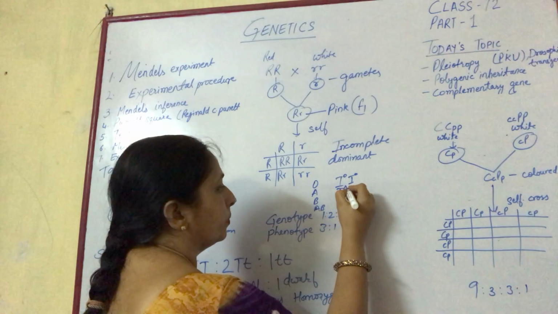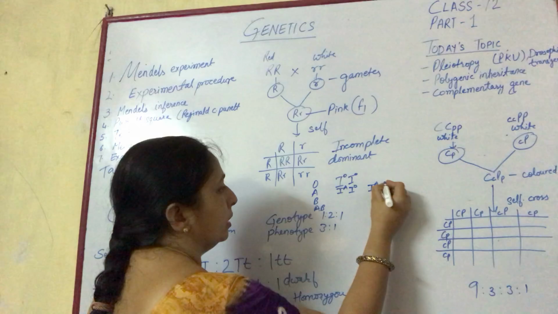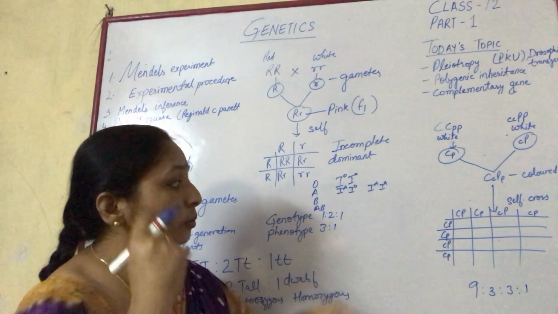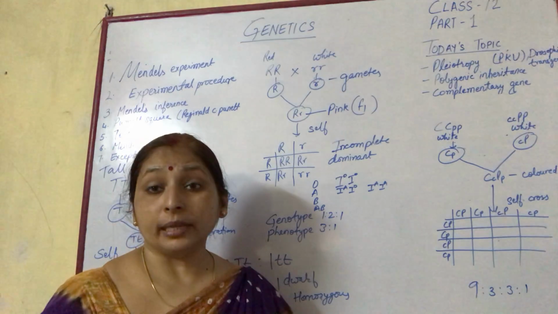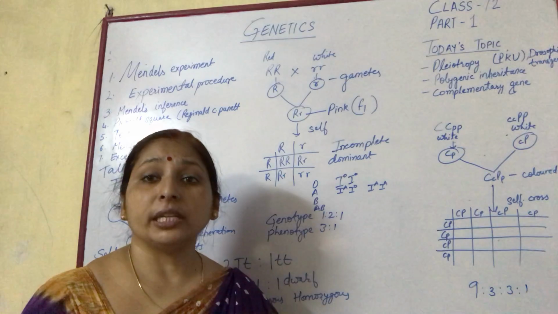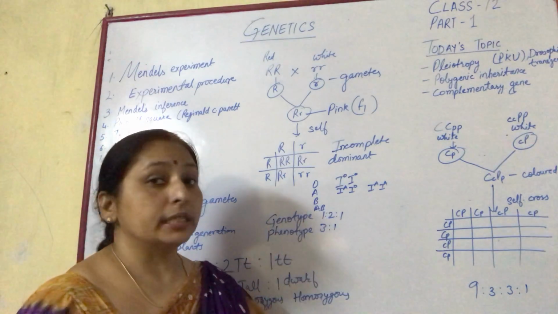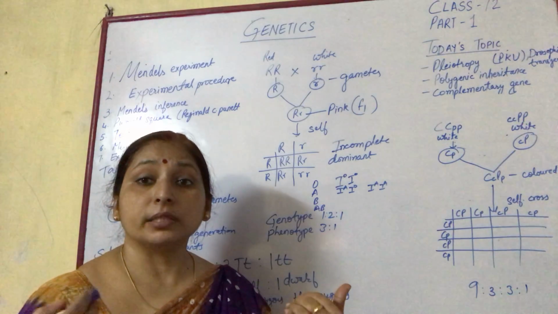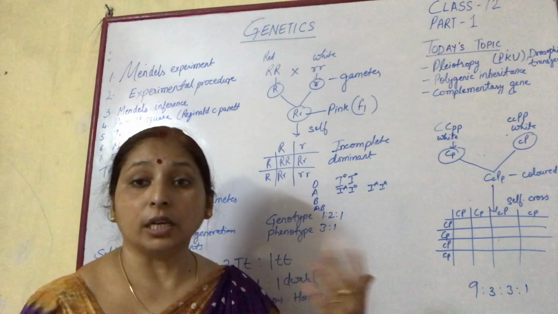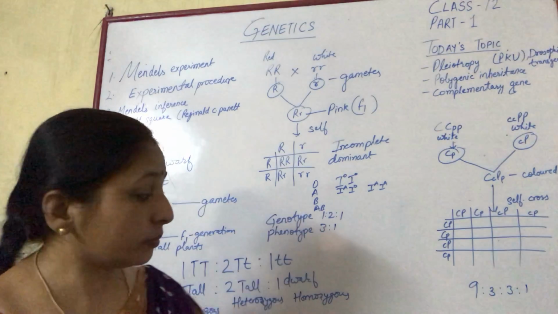The characters in the heterozygous as well as homozygous condition give blood group A. Various genes or contrasting characters are present and they express themselves in the presence of their complementary partner. So this is an example of codominance.